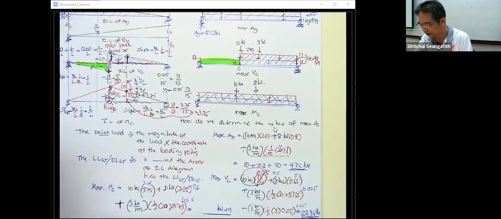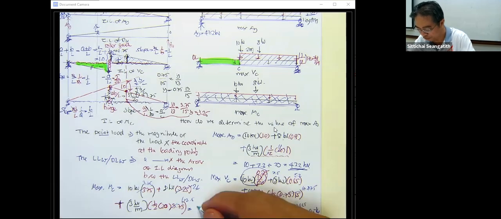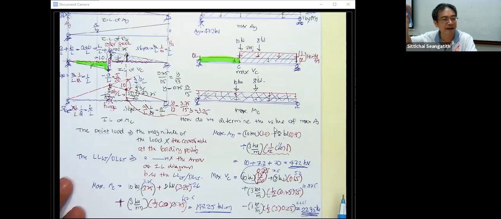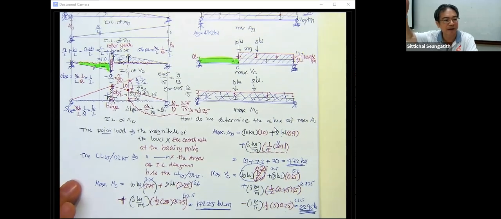So you plus 26 plus 112.5. You get 142.25 kilonewton meter. Okay, this is the way we determine what we have here.